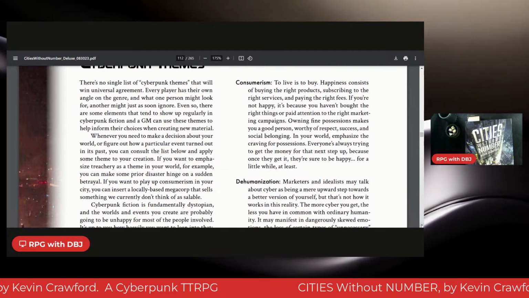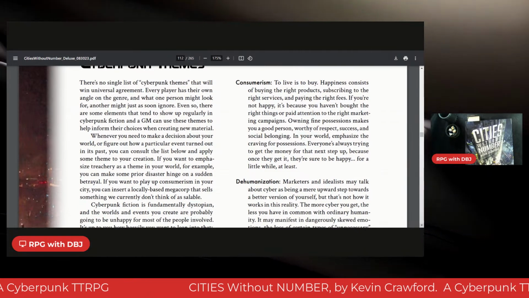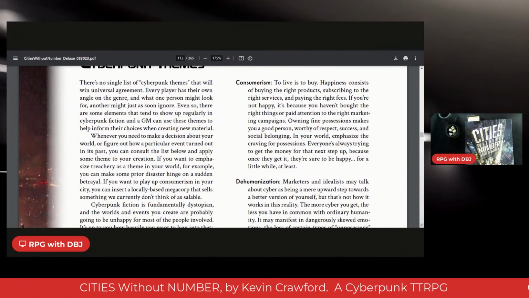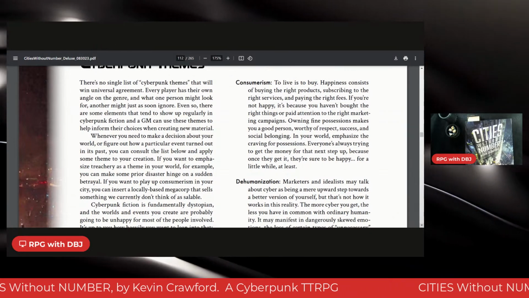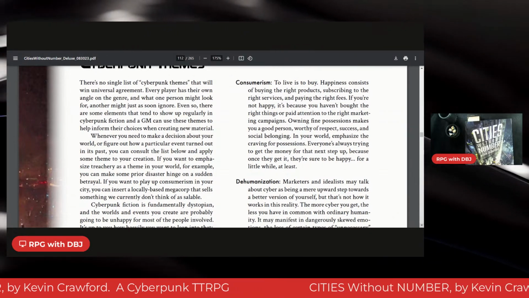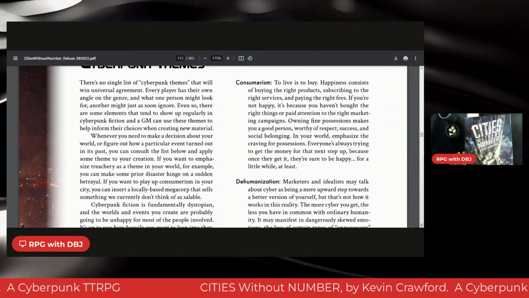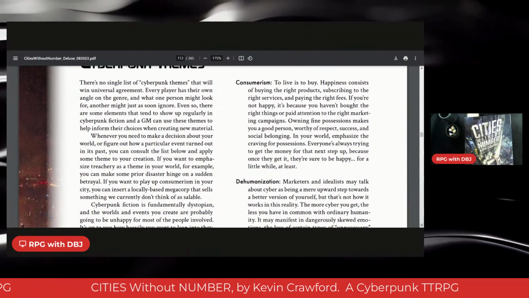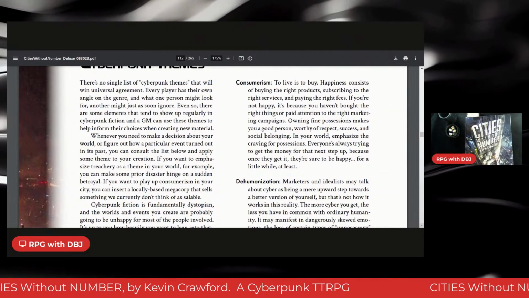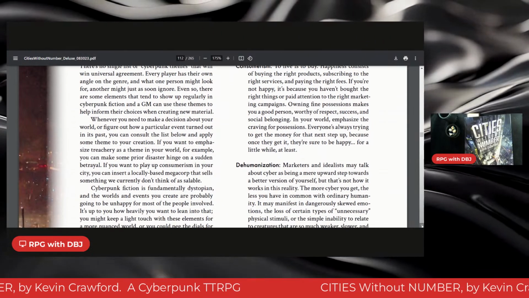So, for example, we have consumerism. Got to have some consumerism, right? Happiness consists of buying the right products, subscribing to the right services, and paying the right fees. If you're not happy, it's because you haven't bought the right things or paid attention to the right marketing campaigns.